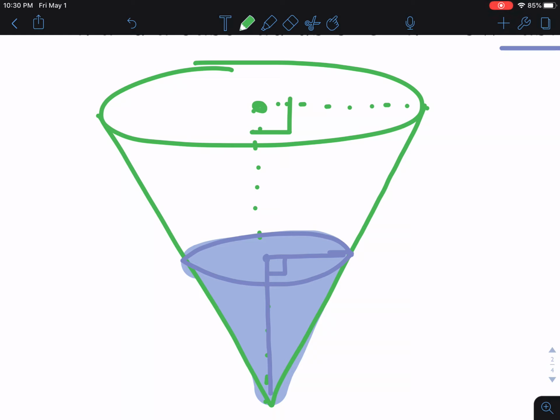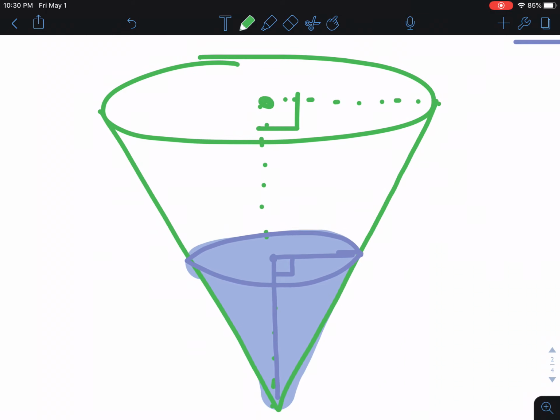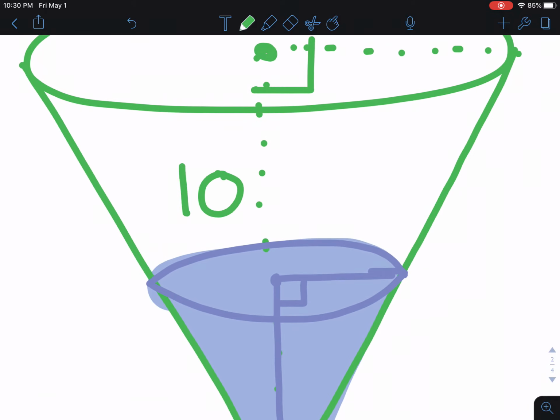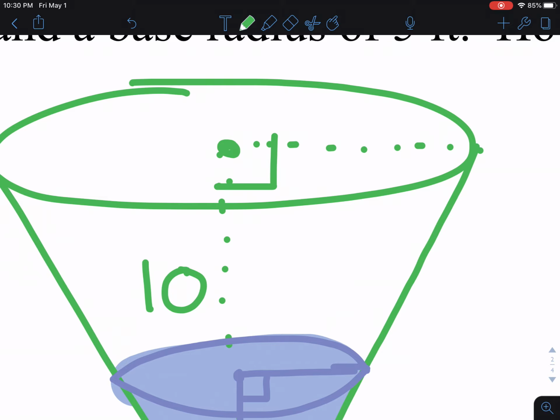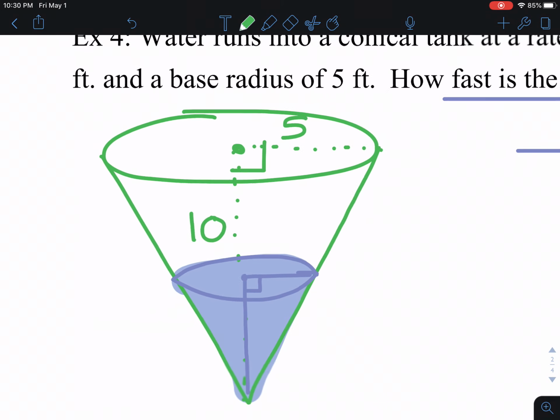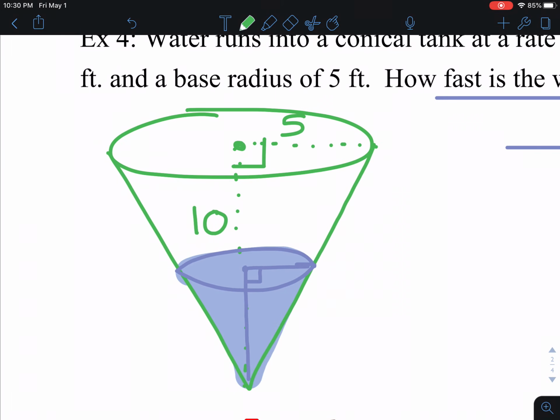And we're going to assume it's a right cone just to make things easier. And you can do this with all shapes unless it says specifically like this is a slant cone or something. Spoiler alert, that won't happen in this class. But what we can do here is we can label now that the height of the cone is 10 feet and the base radius of the cone is 5 feet, right?